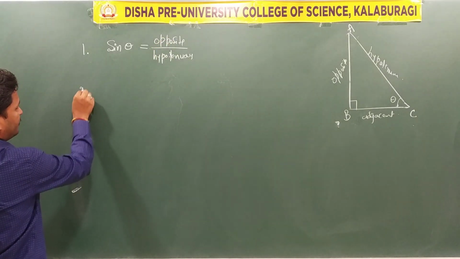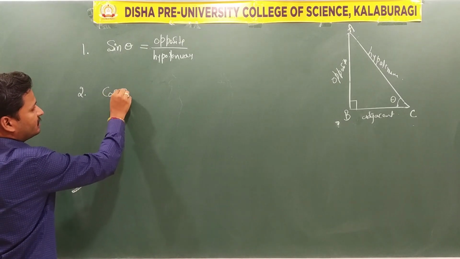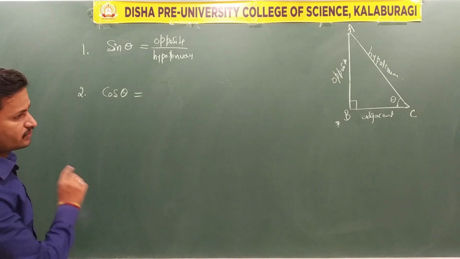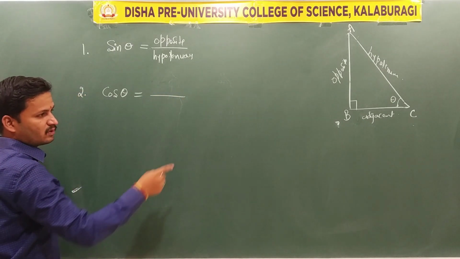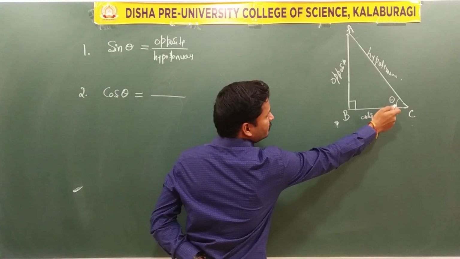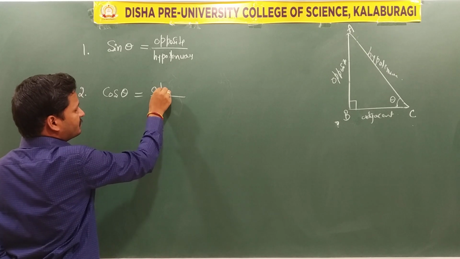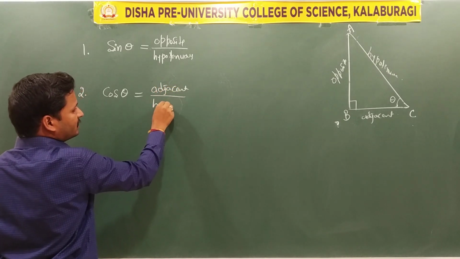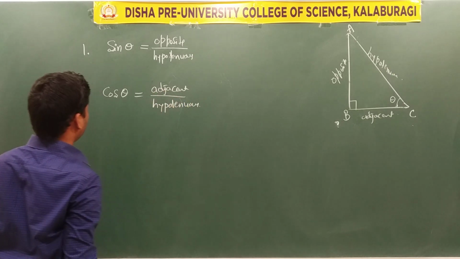Then next, second one, cos theta or cosine function. Here the angle is theta, so cos theta is the ratio of adjacent, or base, to the hypotenuse. These are all very important definitions.